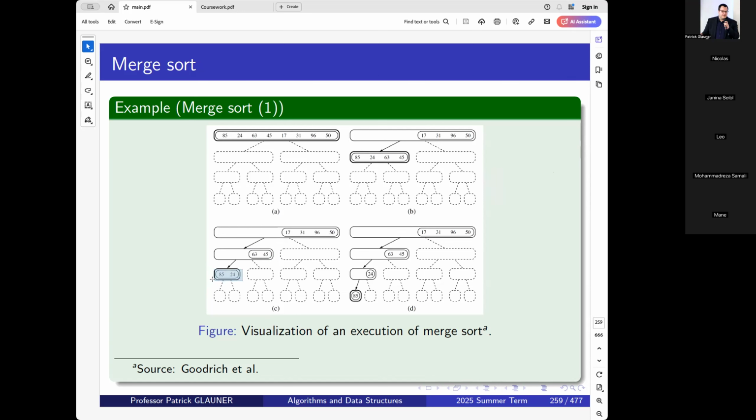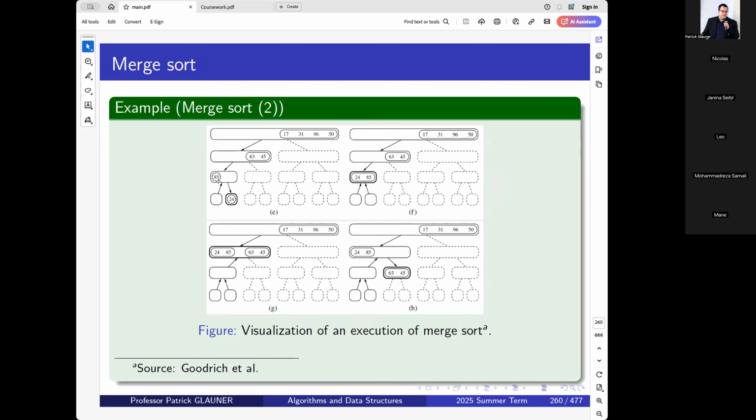But this one here is still too big because I need two single lists, where one list is 85, and I have the 24 here, which I also want to make a separate list. So I have 85 and 24. Each are single lists now.